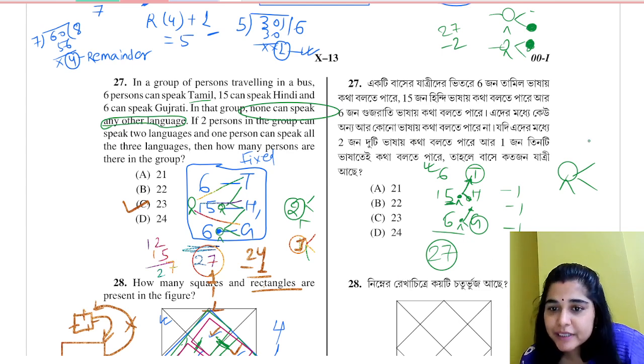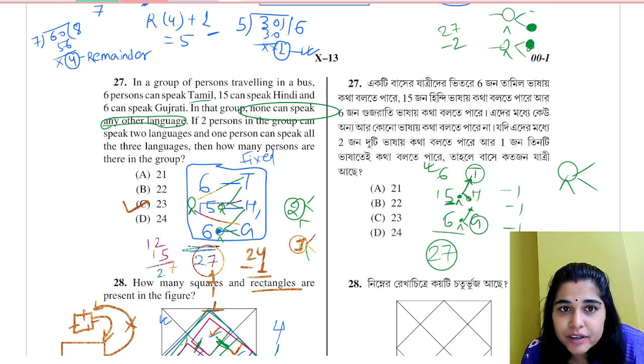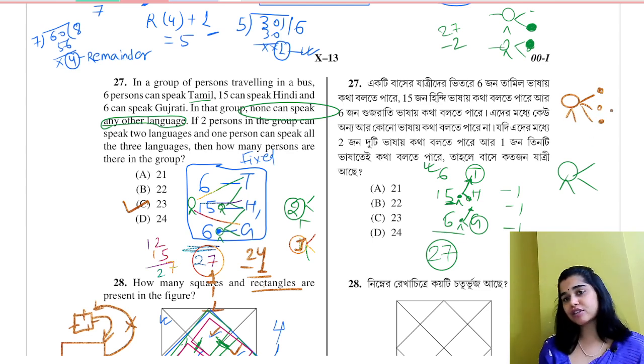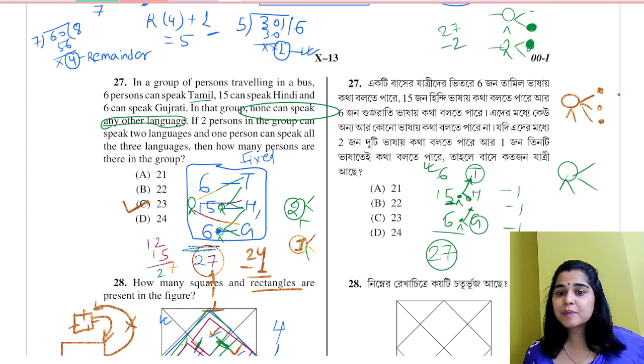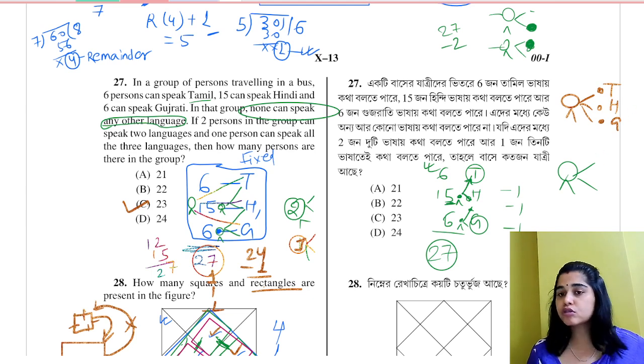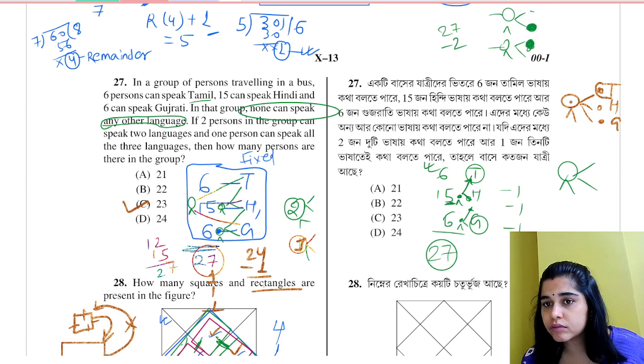And what about the third person? The third person who speaks all 3 languages, that is Tamil, Hindi and Gujarati also. So one time they are included. Suppose one person is you and you are speaking Tamil.